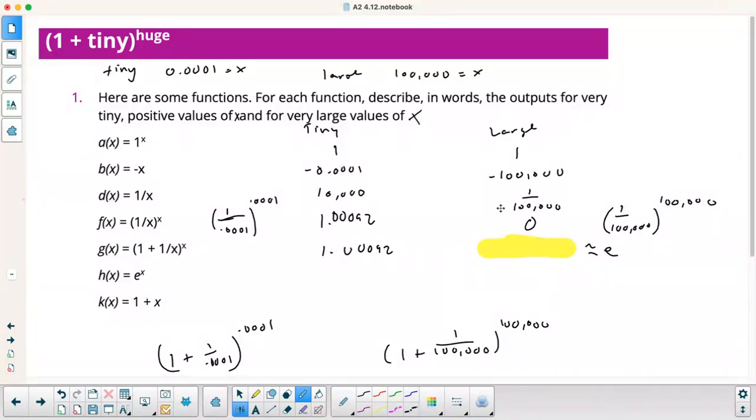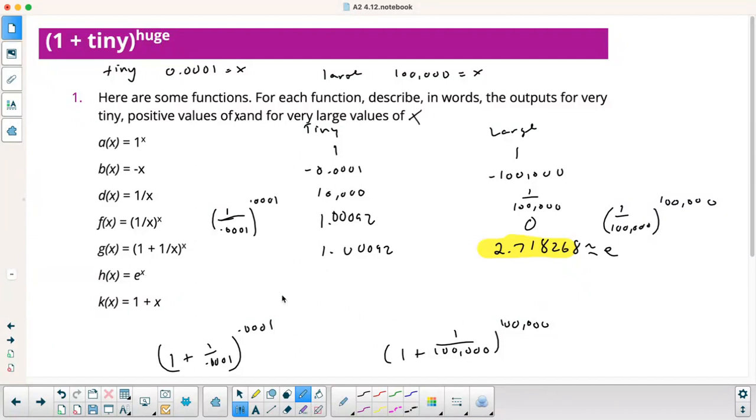And then here, 1 plus 1 over 100,000, and then I take that to the 100,000. Sure enough, I get 2.718268. So I'm starting to get E, and if I want to get more accurate, I'd change this value here from 100,000 to like a million, or like 10 million or something like that.